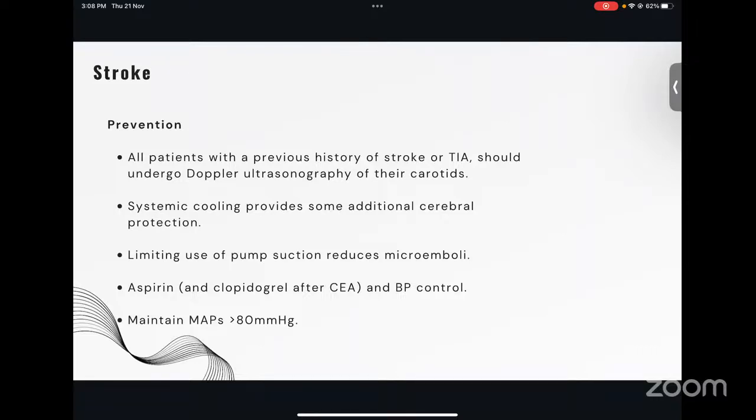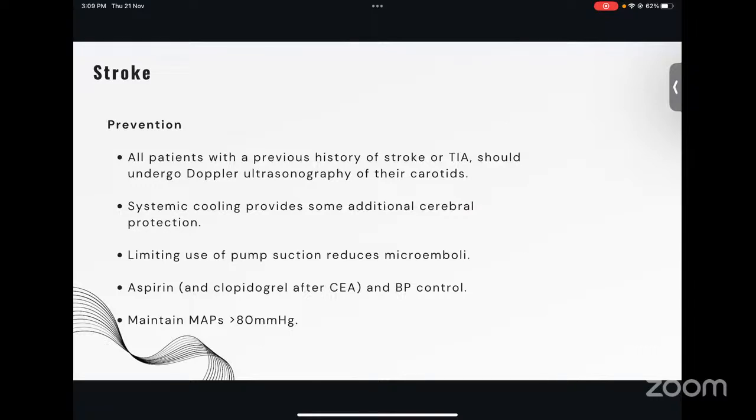If the patient has a stenosis of less than 75%, they have a higher risk for stroke with a carotid endarterectomy than the patient who has cardiac surgery alone, and their carotid disease should be left. Patients with a stenosis of more than 75% but less than 99% of their internal carotid artery and a history of transient ischemic attack or stroke have a lower risk of stroke if they undergo carotid endarterectomy.